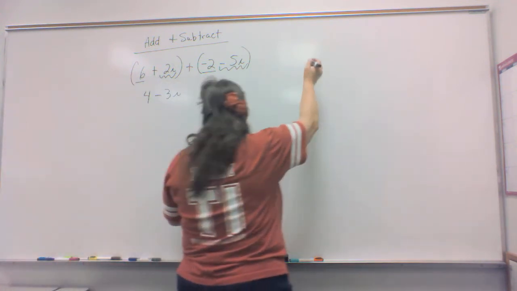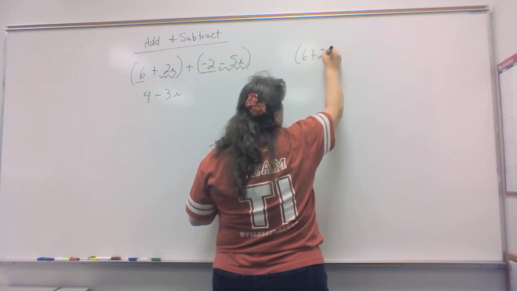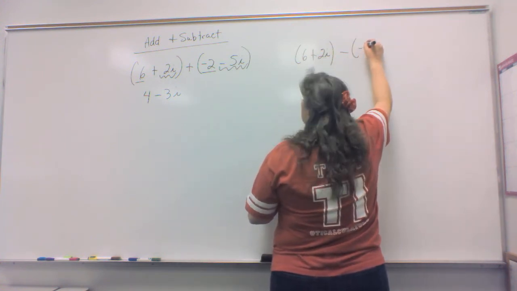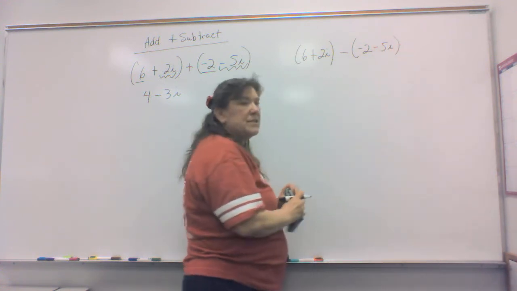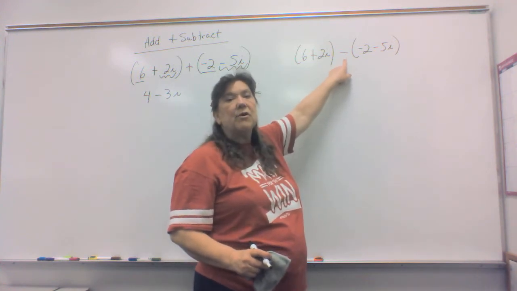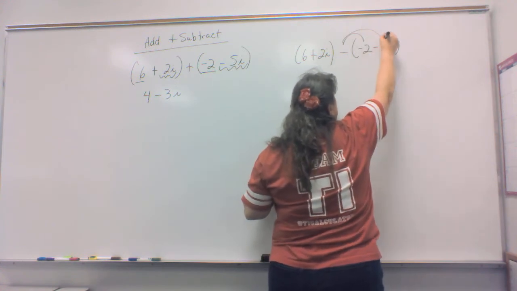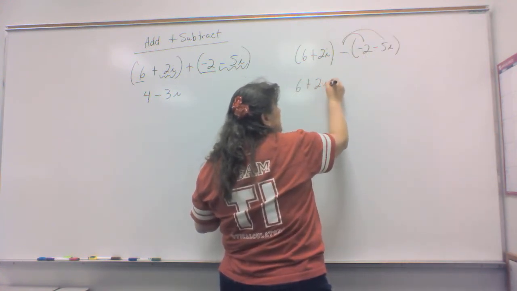Now let's look at this as a subtraction. 6 plus 2i minus negative 2 minus 5i. Now, when we do subtraction, the first thing you're going to do is have to take care of my minus. So I'm going to distribute that to everything inside. So my 6 plus 2i will stay.